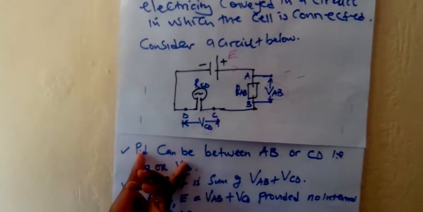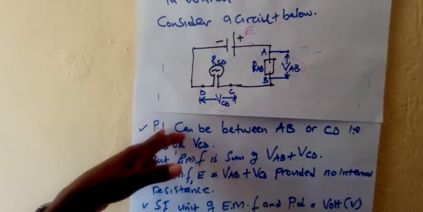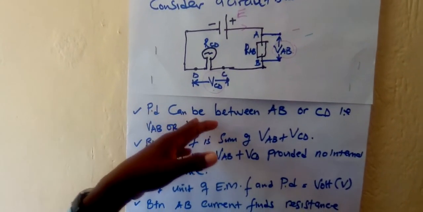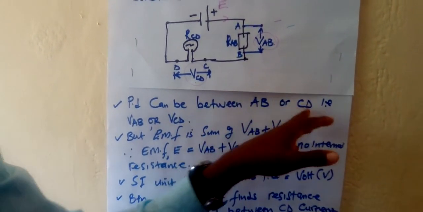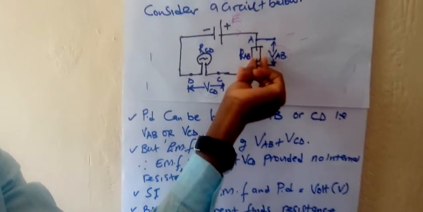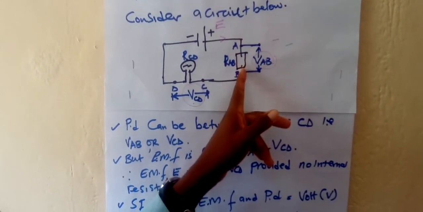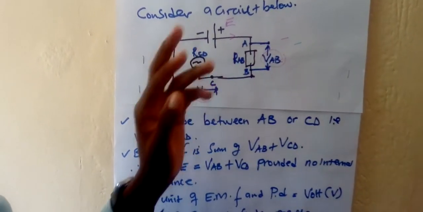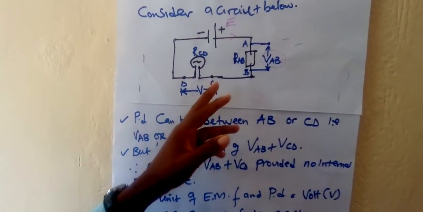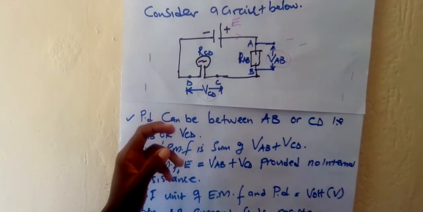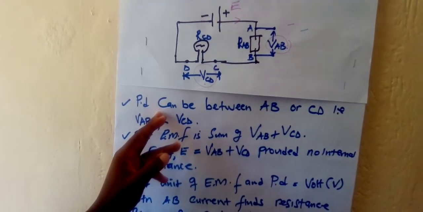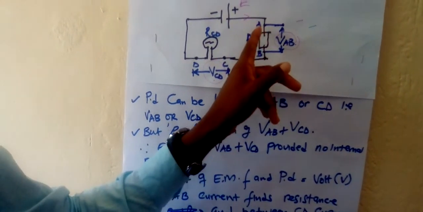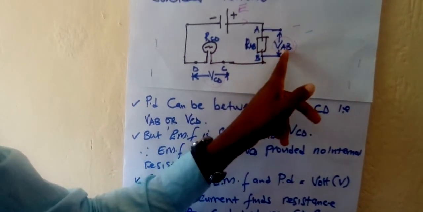Now, we move ahead. We are saying PD can be between AB or CD. Like this resistor, we can talk about PD between AB. We can also talk about PD between CD. And PD between AB, we call it VAB.